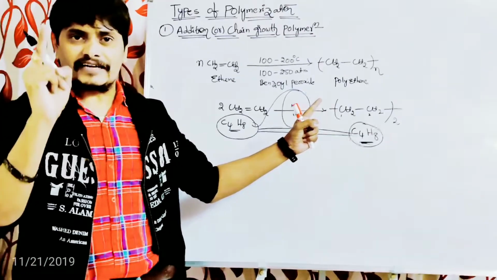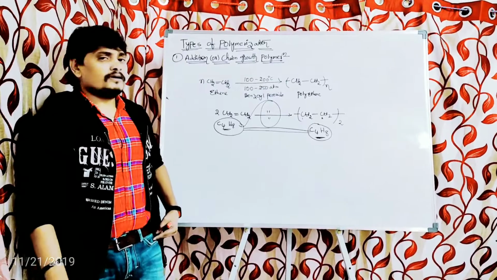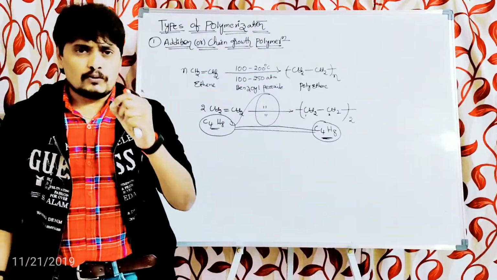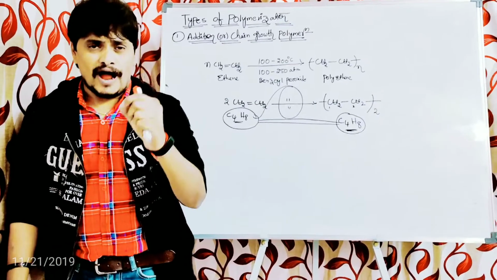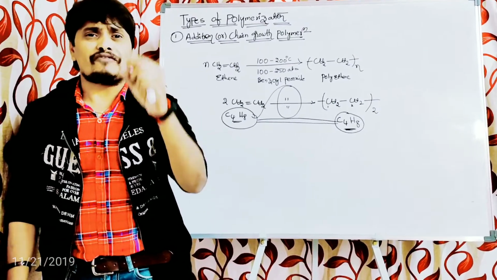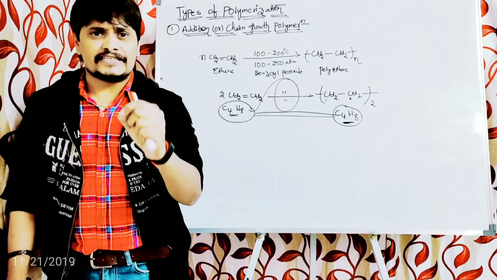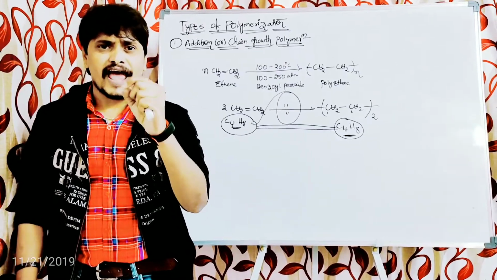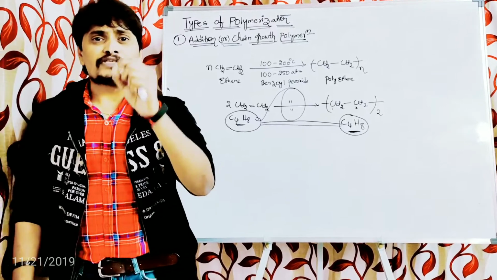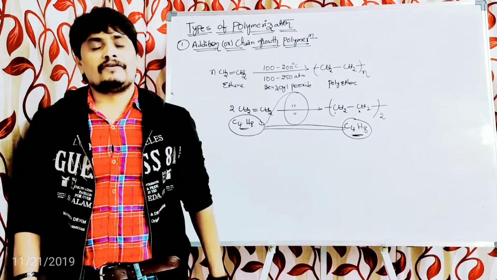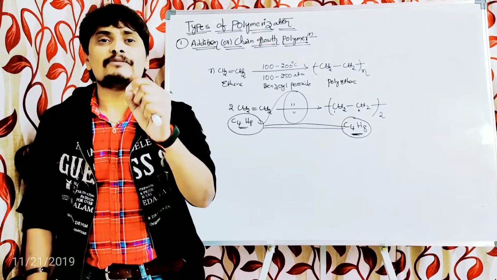Right? In order to predict the role of each and every reactant and reagent which is a part of the chemical reaction, we need to study the mechanism of the reaction.